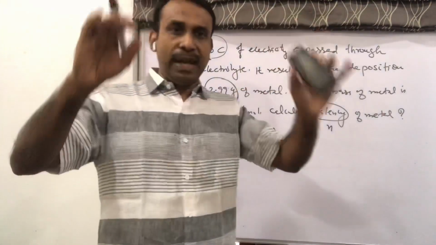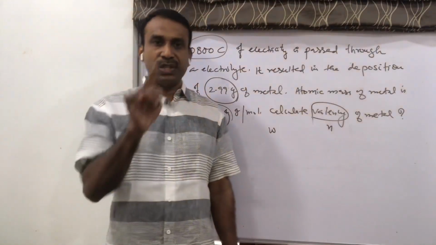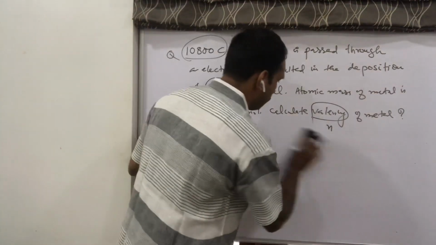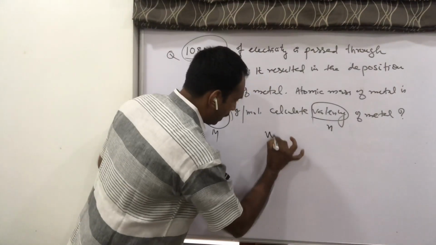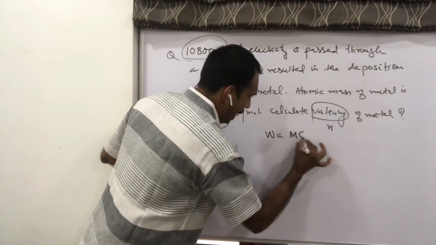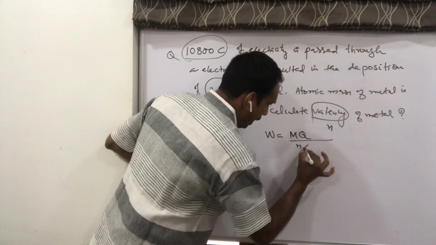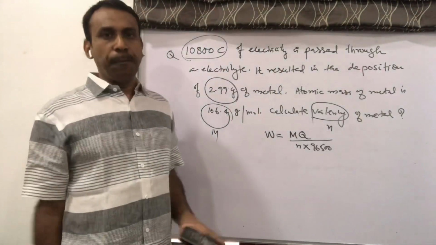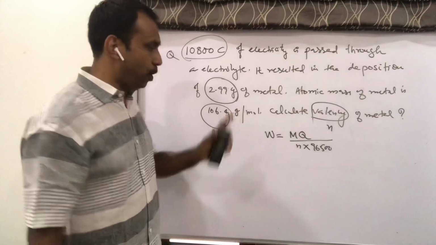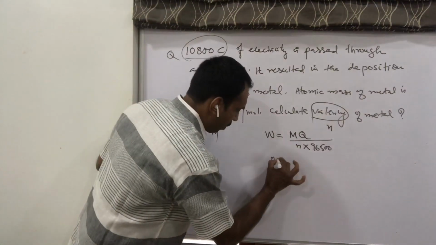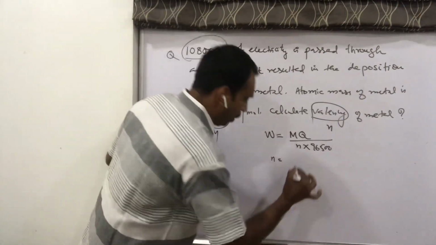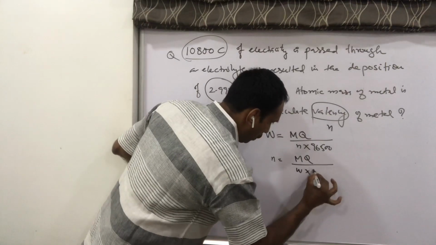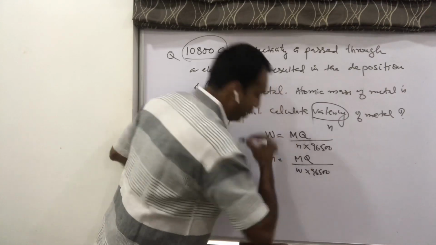Then just recall Faraday's first law. Which equation is suitable for solving this problem? Here is an equation: W equal to MQ divided by N into 96,500. It is the proper equation for solving this problem. From this, just cross multiply and find N. N equals MQ by W into 96,500.